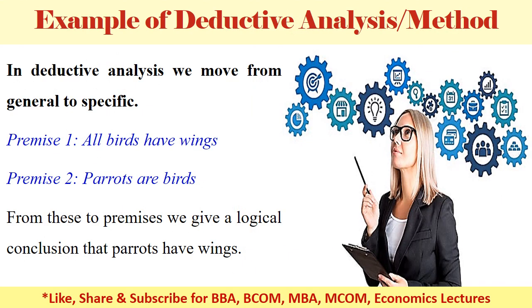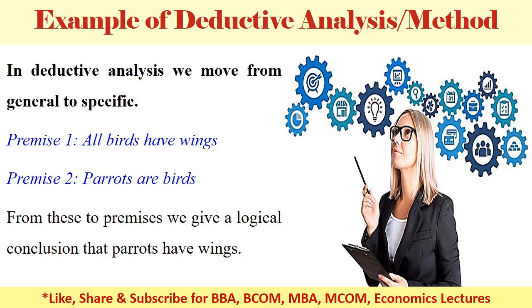In case of deductive method or deductive analysis, we reach conclusion from general to specific. For example, the first premise is all birds have wings. The second is parrots are birds.